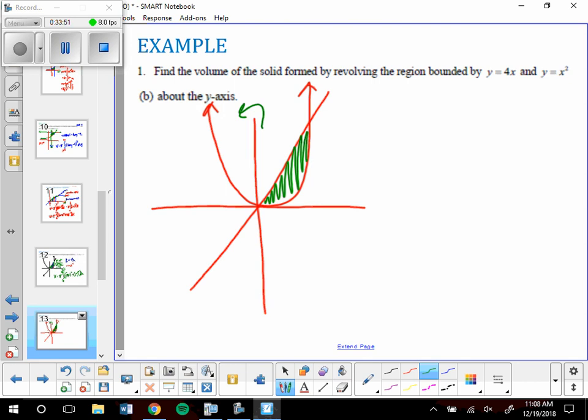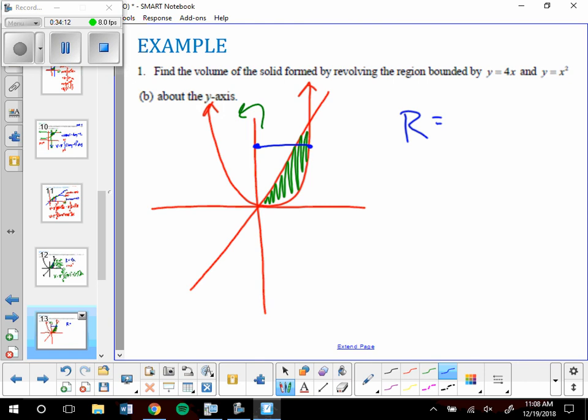Is it flush against my axis of revolution? No, that means it's a washer. I'm going to need an outer radius and an inner radius. For my outer radius, which function is farther from my axis of revolution? x squared. So I'm going to draw from that to my axis of revolution.